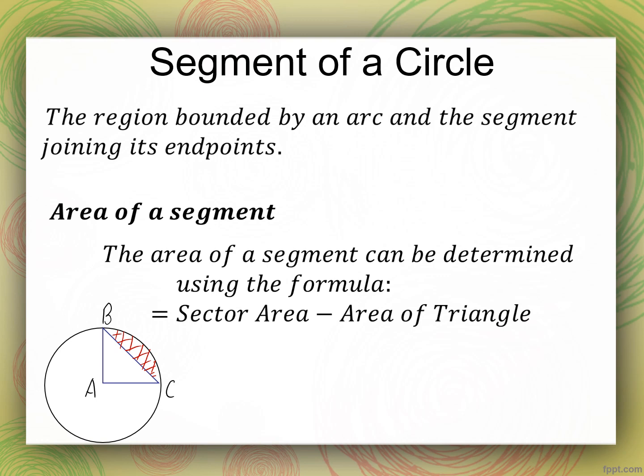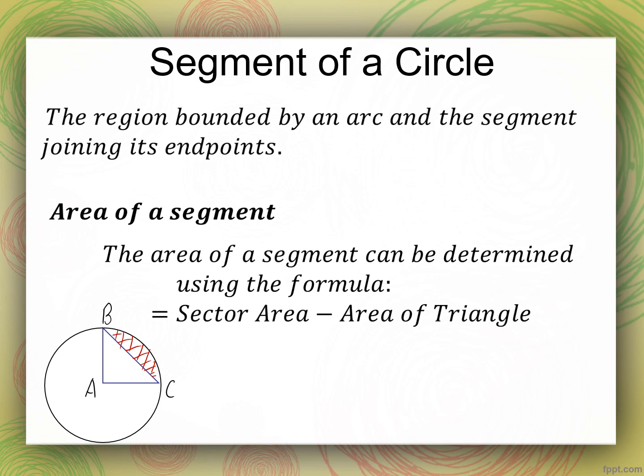As you can see, it is bounded by an arc, that is arc BC, and of course the chord BC. That's our segment there. Now, if we want to solve for the area of a segment, it can be determined using the formula: sector area minus area of triangle.